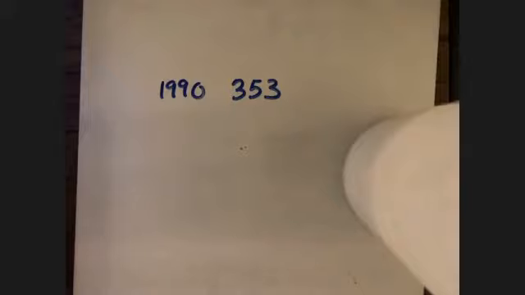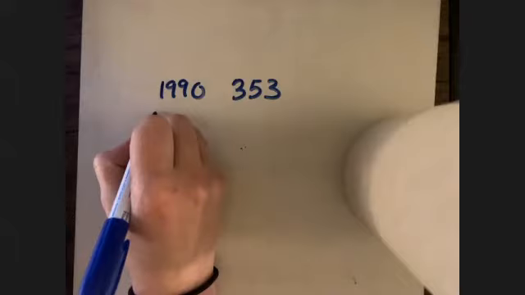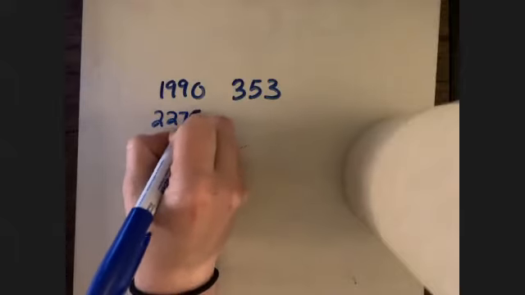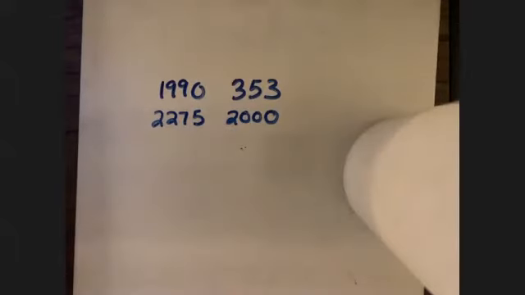Now, if I use the year 2275, they tell us that there will be 2,000. So they want us to figure out what this exponential equation is going to be that gives us this.